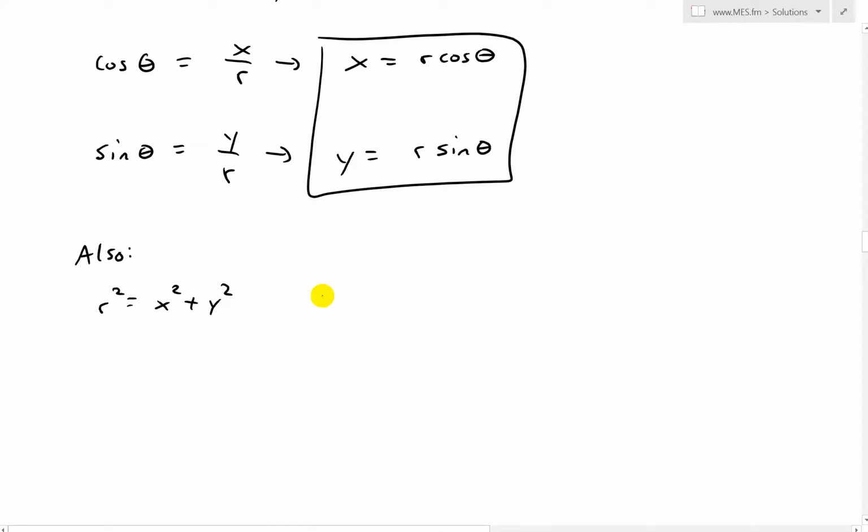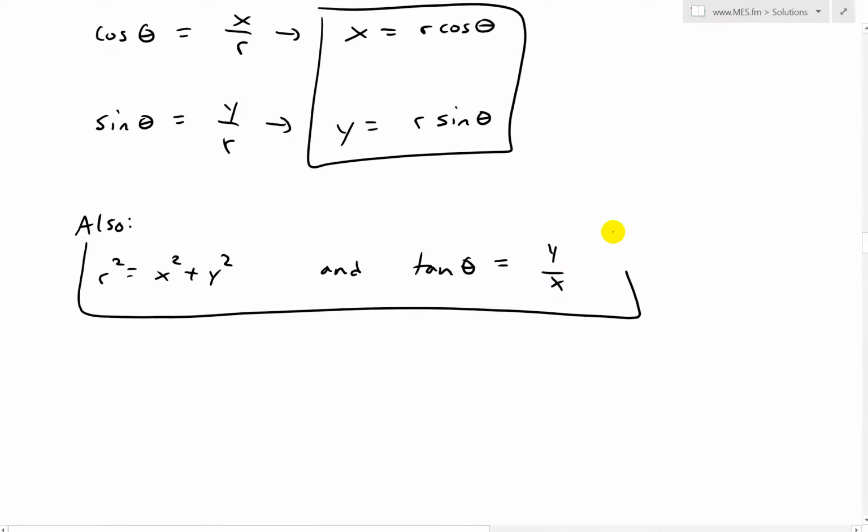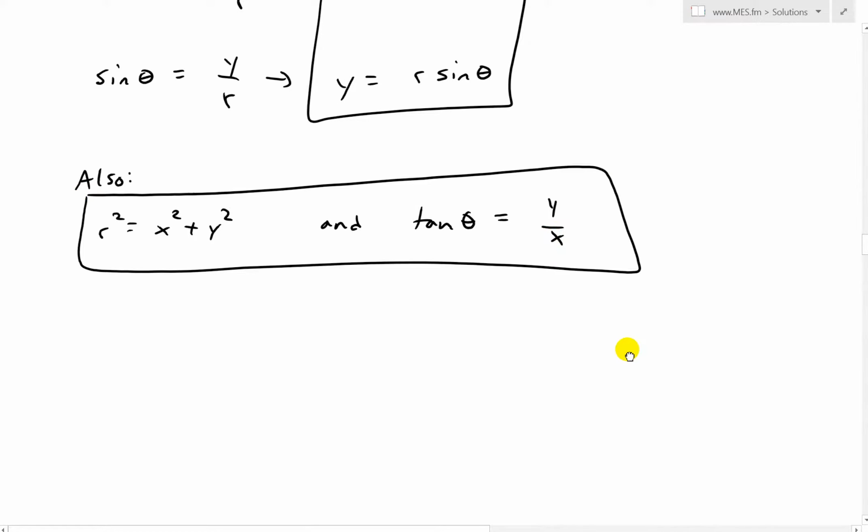As well, tan theta is sine theta over cosine theta; the r's cancel and we end up with y over x, which is by definition the tan function. This one is by the Pythagorean theorem.